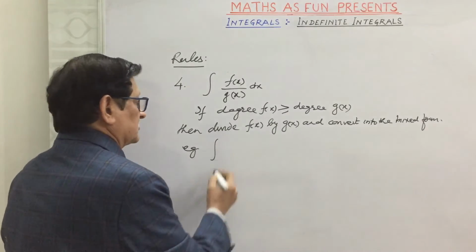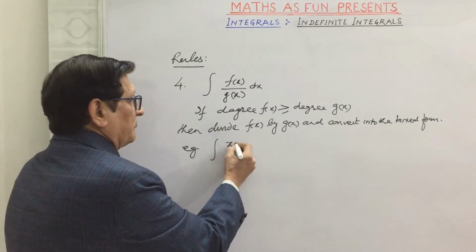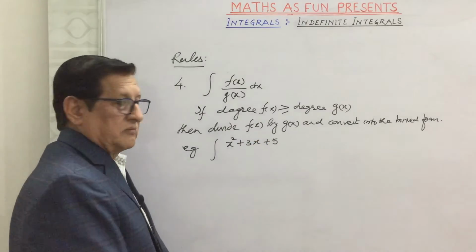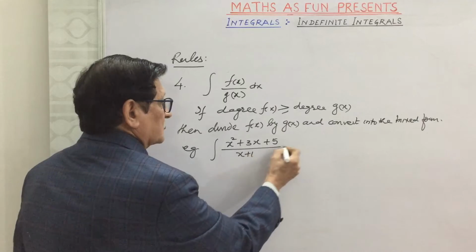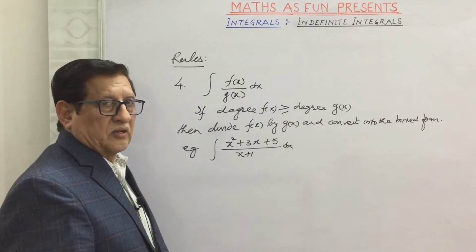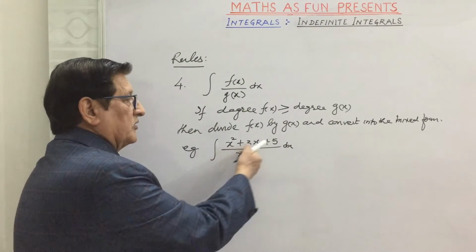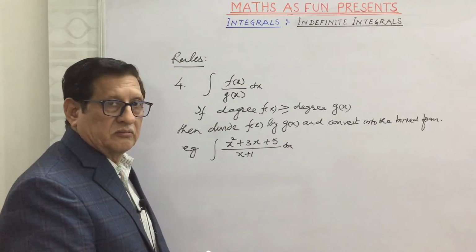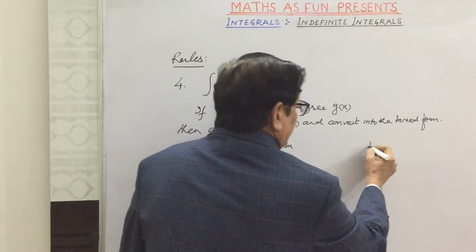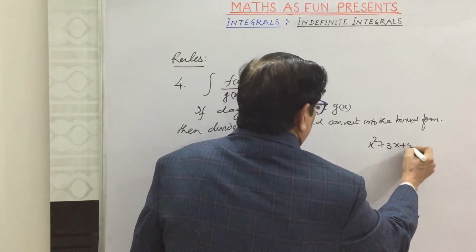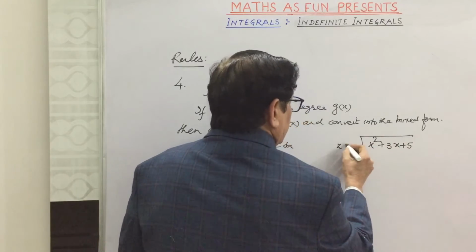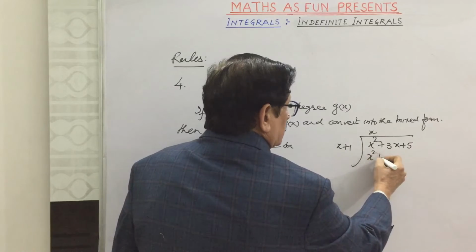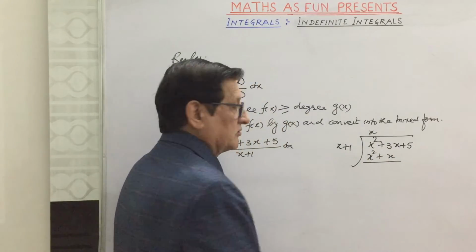Suppose we have been given a question, find the integral of x square plus 3x plus 5 upon x plus 1. We find the degree of this f(x) is 2 here and the degree of g(x) is 1. So we divide it, and for division we can write x square plus 3x plus 5 divided by x plus 1. x times it goes x square plus x.